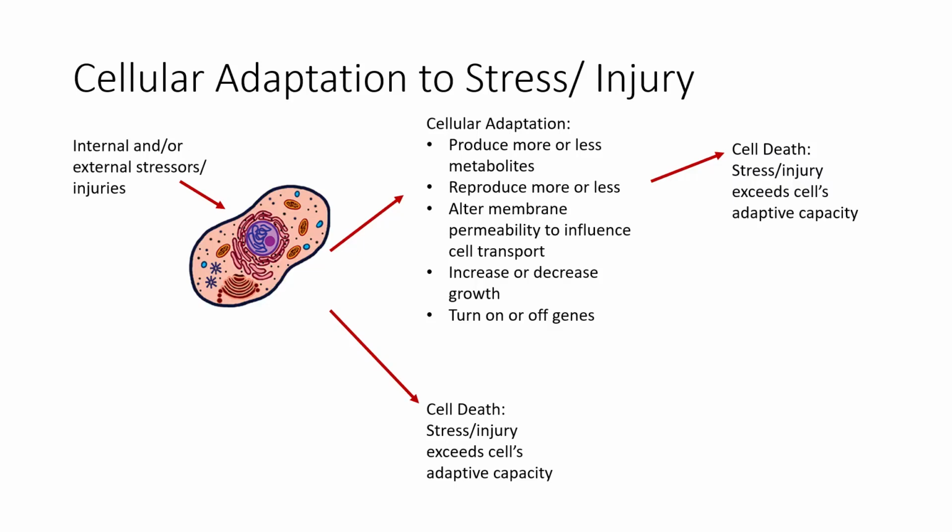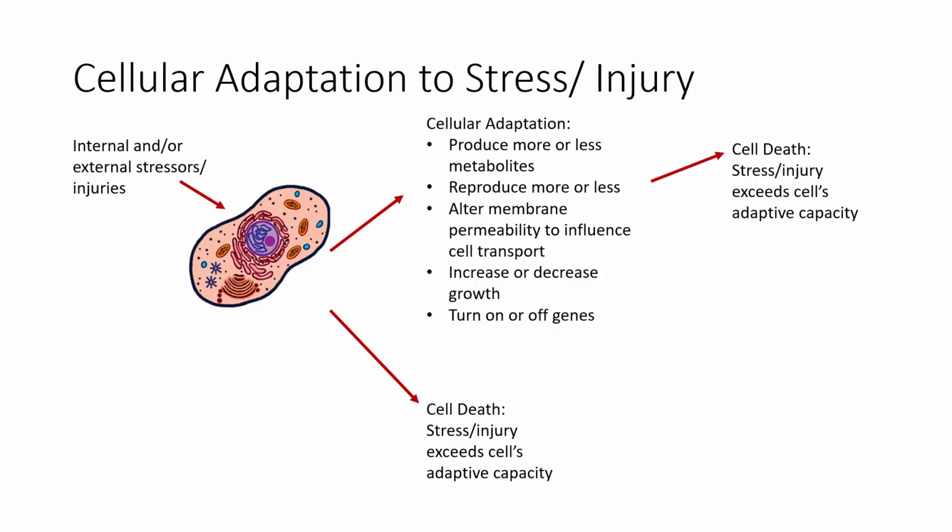External stressors could be a chemical was put on the cell, or the cell got exposed to UV radiation, or the cell got exposed to some type of toxin. Or injuries, get in a car accident, or even something as simple as getting a paper cut. So all the time our cells are adapting to different stressors that are internal, external, and including injuries.